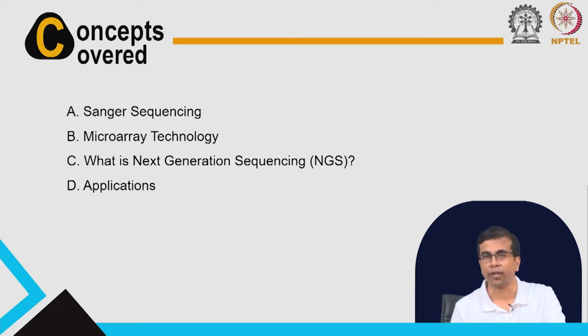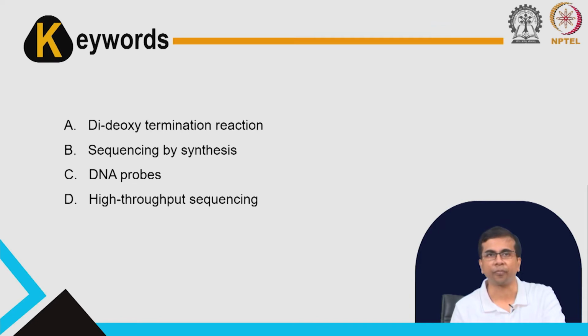Then we will introduce next generation sequencing. We will not go into the methods in this class. Finally, we will talk about some applications so that you understand how next generation sequencing methods have impacted our lives. Okay, so let us start with Sanger sequencing.